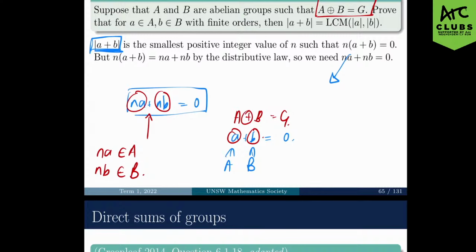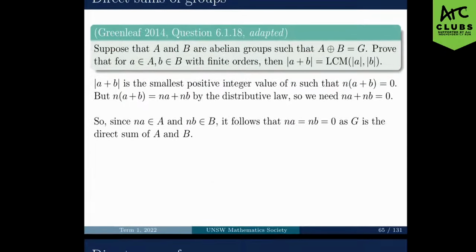So, well, we've got exactly the conditions we need, right? That means that na must equal 0, and nb must be equal to 0, if this is to be true. So, yeah, G is a direct sum of A and B, which means that basically both of these need to be equal to 0.